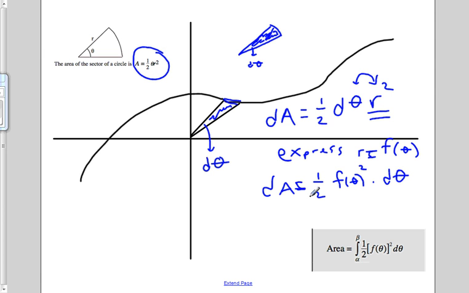And then to find the whole area swept out from theta equals alpha to theta equals beta, we just integrate from alpha to beta 1/2 f of theta squared d theta, and that'll tell us the whole area over some given range.